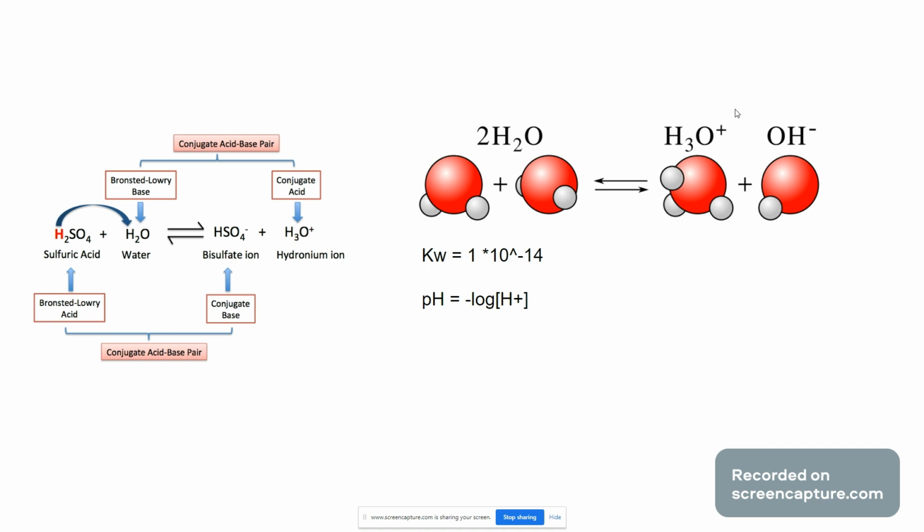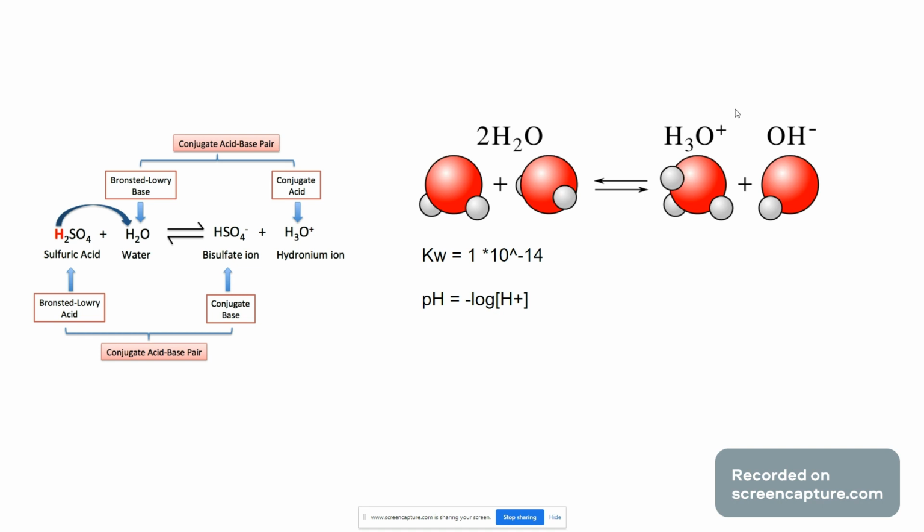And then the thing on the right is the auto-ionization of water. It's basically water reacting with itself to form hydroxide and hydronium ions, and the equilibrium constant for this at 25 Celsius is 1 times 10 to the power of negative 14.